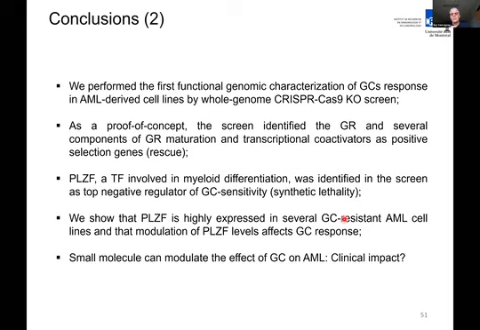PLZF was identified as our top negative regulator of GC sensitivity, so this was really a case of PLZF knockdown showing synthetic lethality. We also showed that PLZF is expressed in several glucocorticoid resistant AML cell lines, and as you've seen, that modulation affects glucocorticoid response. Of course, we found small molecules that can modulate the effect on GC. It will be extremely interesting to see if, at least in preclinical models, these molecules have an impact, and possibly also in the clinic.